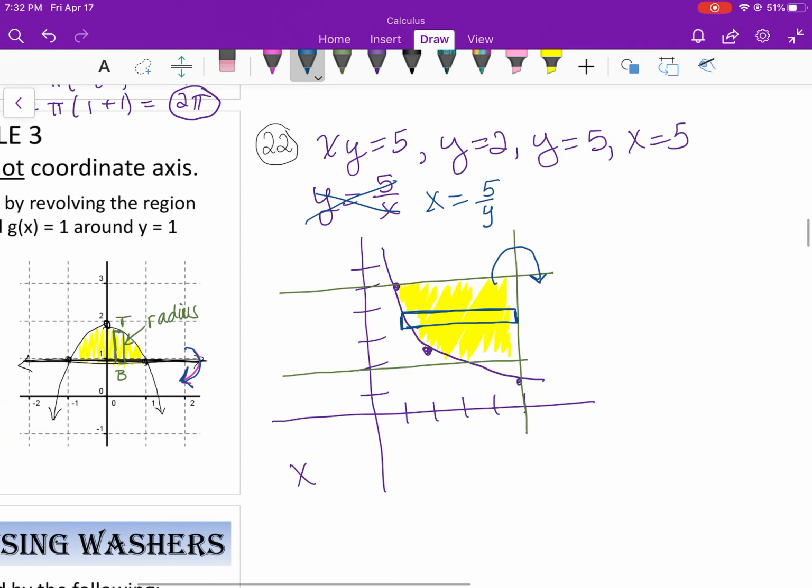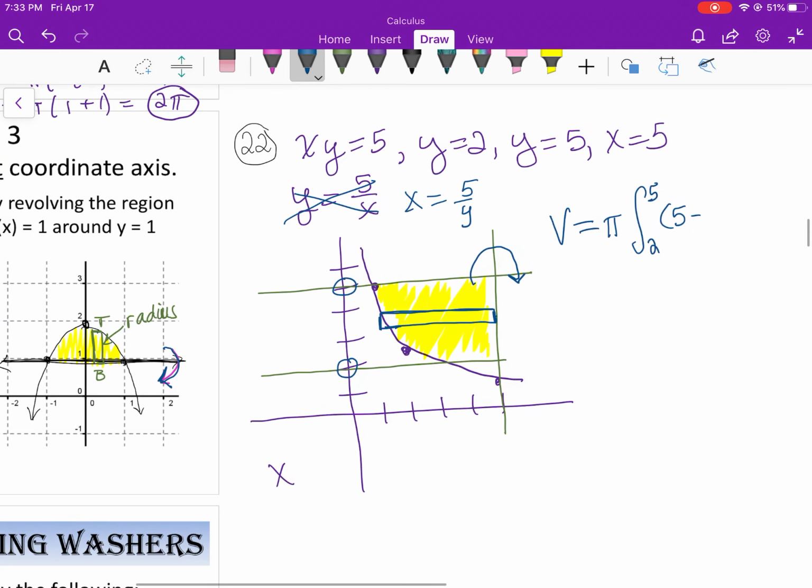If we're going to find the volume, we're going to do our y bounds from 2 to 5. We're going to take the right side of our rectangle, which is 5, and subtract the left side of the rectangle, which is the curve, and square that, and then dy.